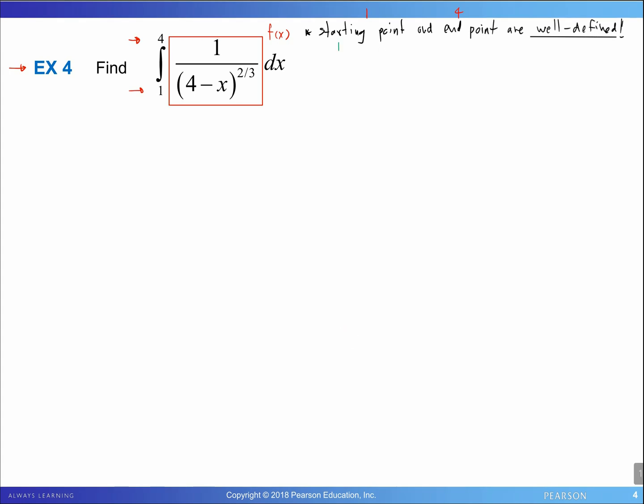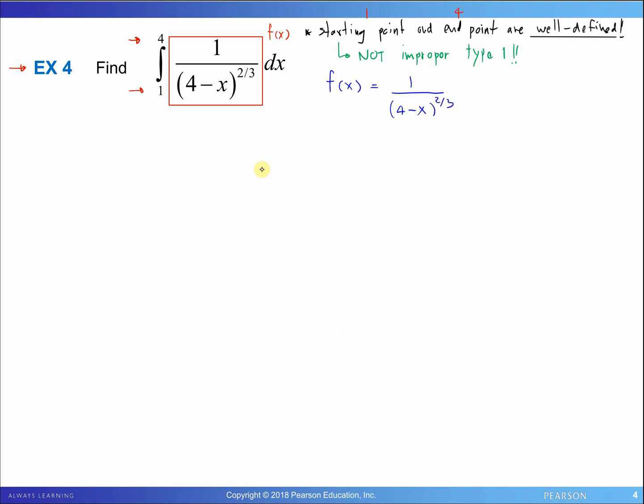From this, we know that this is not improper type 1. Now let's take a look at the function itself. f of x equal to 1 over (4 minus x) to the power of 2 over 3.